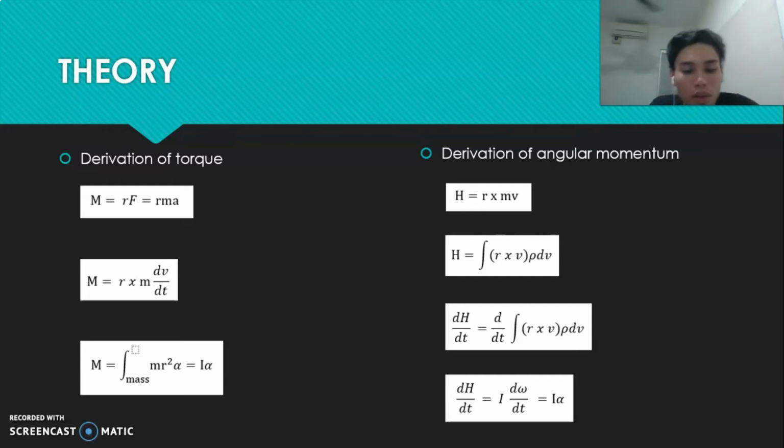So we first calculate the torque, which is M equal to the radius times force. When we derive it, we get the MA, which is the torque. The new equation for the torque is the radius times mass and acceleration. So the torque is also R times M times A, equal to R times mass times the rate of change of velocity with time.